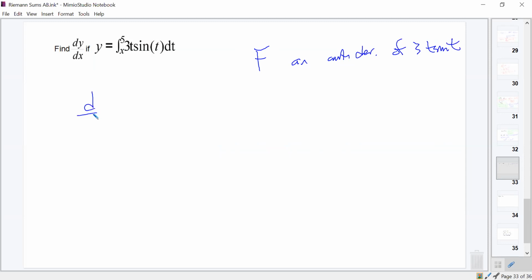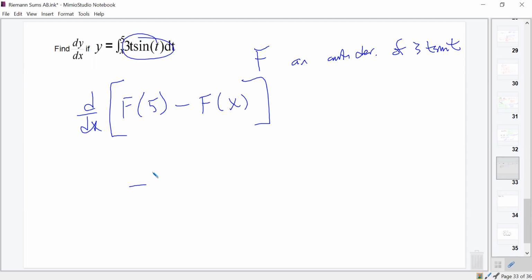And so what we're doing is taking the derivative of capital F of 5 minus capital F of x. And so the capital F of 5 becomes 0, but our derivative now becomes negative. And then the derivative of capital F at x is just this function, 3t sine t, evaluated at x.